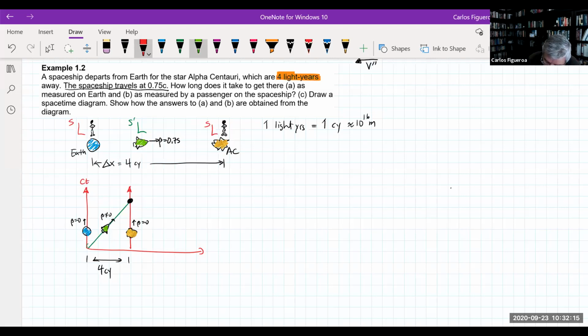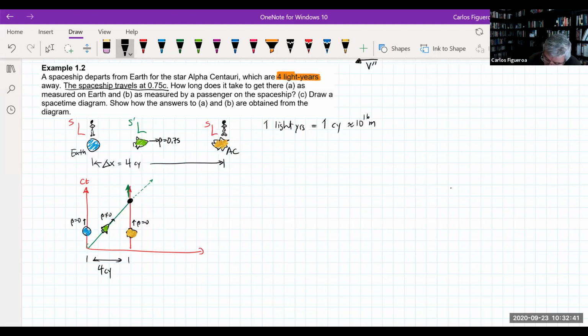As soon as it gets here, this is what that line would be, it now moves simultaneously with Alpha Centauri because they're now in the same location, and then they just move forever in that space here.